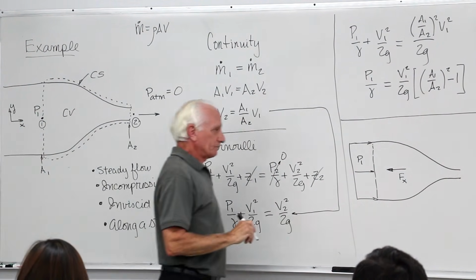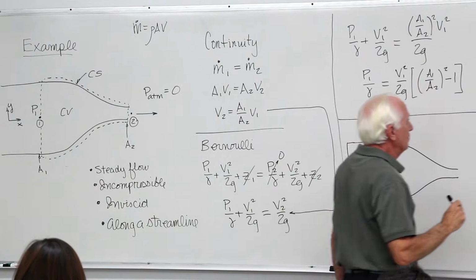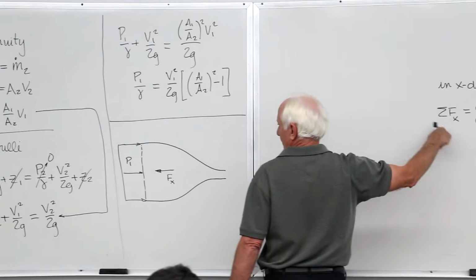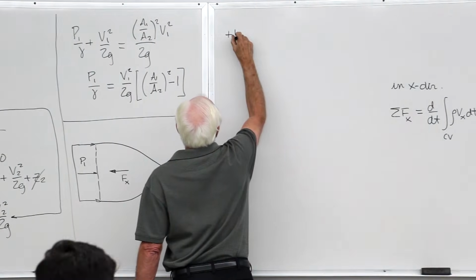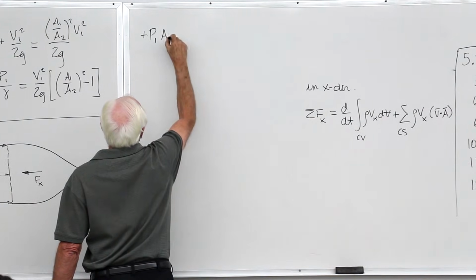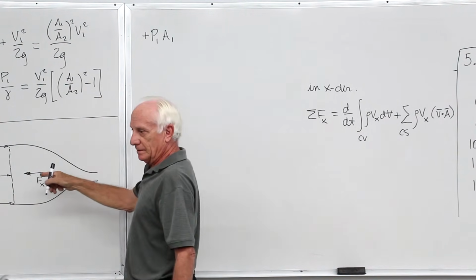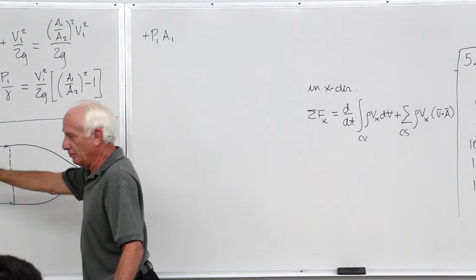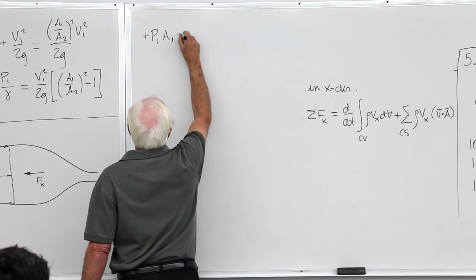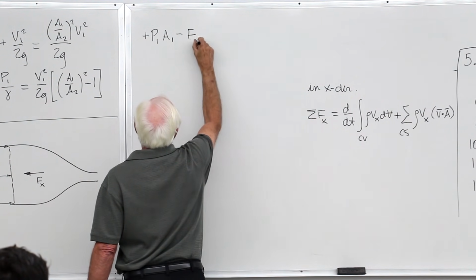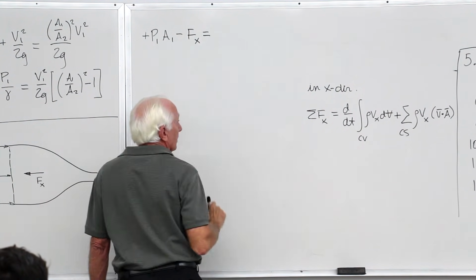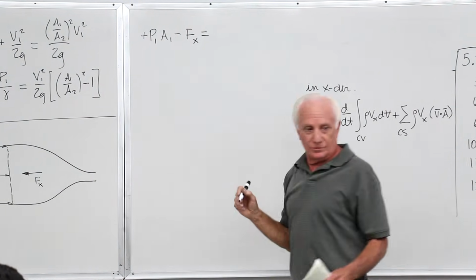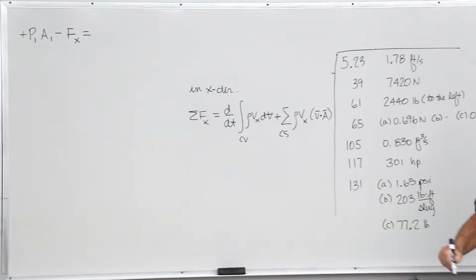Okay, P1 A1, first term, which way? To the right. Plus P1 A1. I'm assuming you have to hold this in place, so we're pulling back that way. Minus Fx equals. Okay, now we do what it says there.